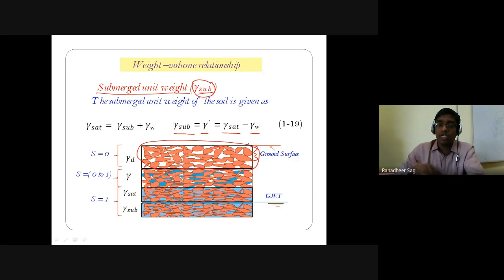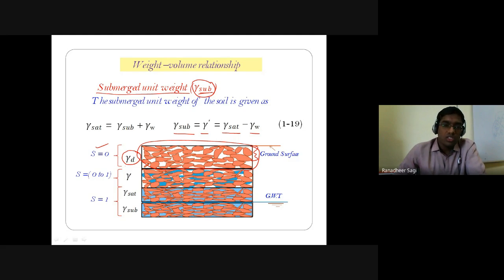Then the corresponding unit weight for that condition of the soil is the dry unit weight of the soil. Whenever the soil is in a dry state, obviously the degree of saturation is equal to 0. So for the dry condition of the soil, the unit weight we represent is gamma d, and the corresponding degree of saturation S is equal to 0.